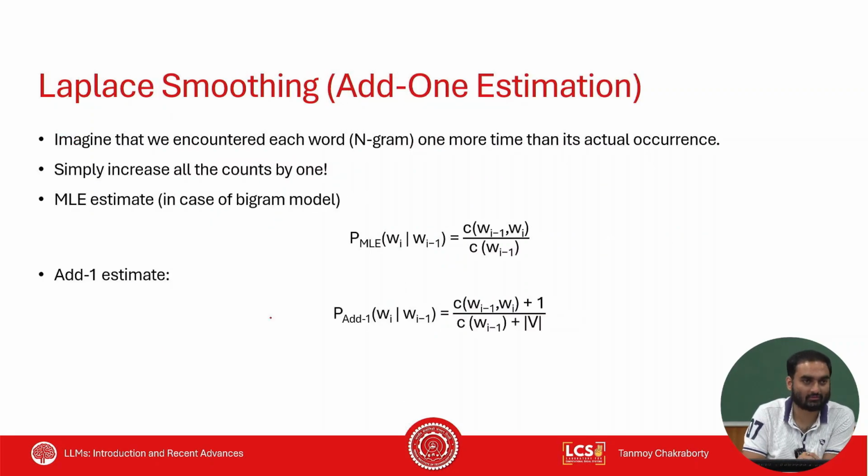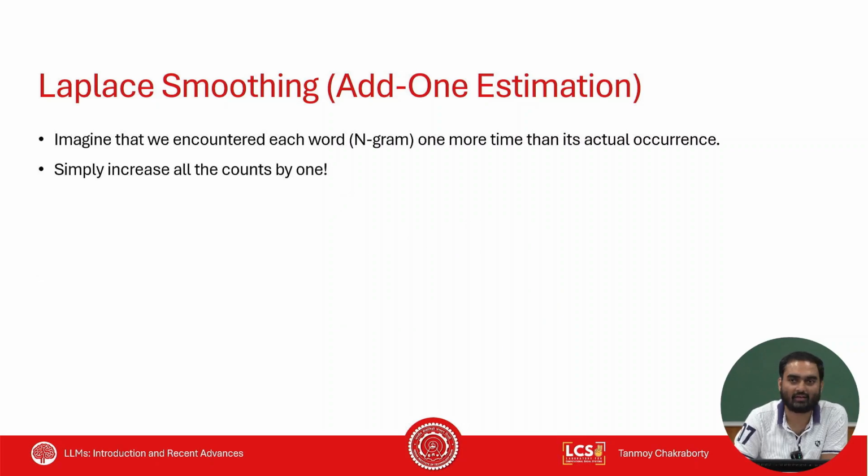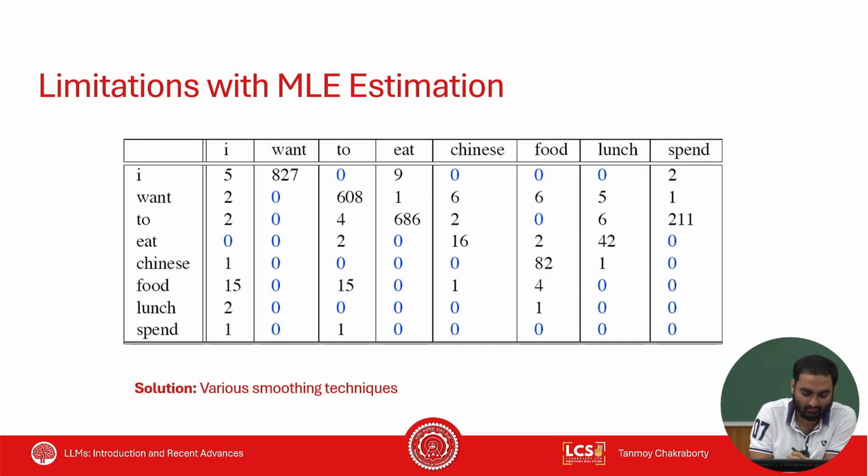This is called the add 1 estimate, a new smoothing technique. We add 1 to the numerator, so you add 1 to all the bigrams. Remember, the bigram count is the numerator in your probability.